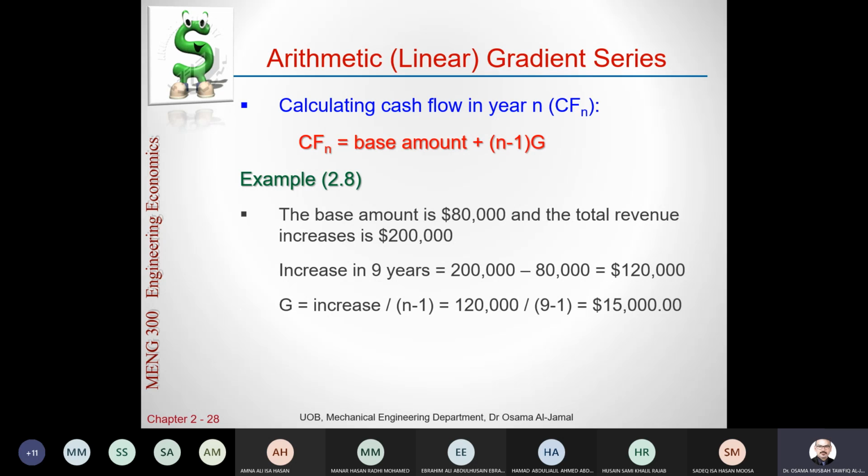And as I said earlier, it will always be N minus 1, so 9 minus 1 is 8. If you divide 120,000 by 8, it will give you the capital G. How much is the arithmetic gradient? How much is it going to increase per year? $15,000 per year.